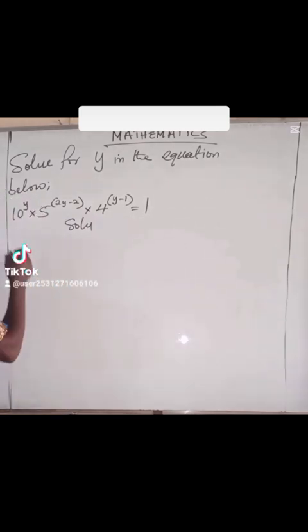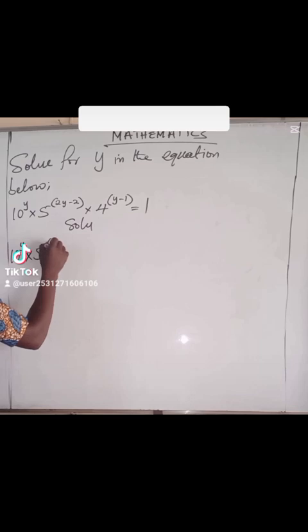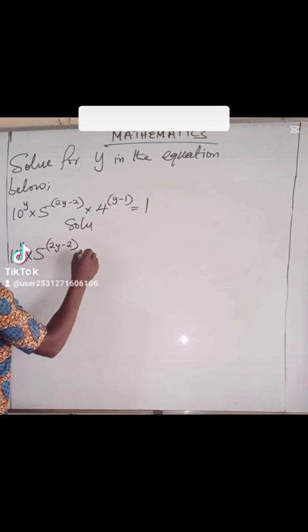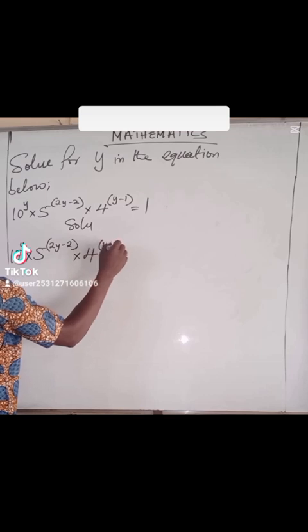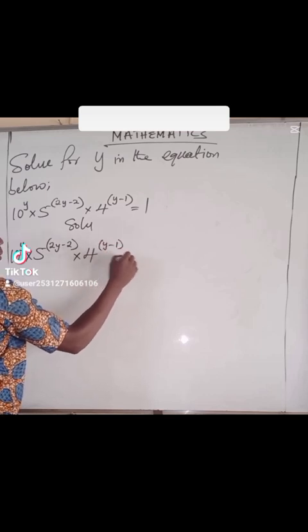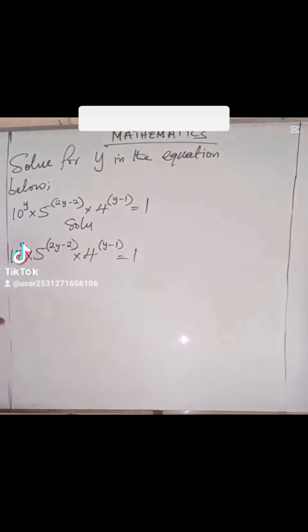So I bring down the question. It says 10^y × 5^(2y − 2) × 4^(y − 1) = 1. Okay, I'm going to do something here.